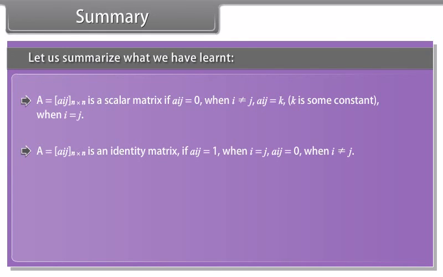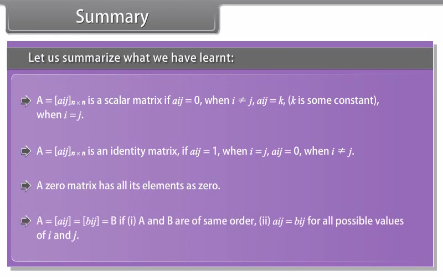A is equal to a_ij n by n is an identity matrix if a_ij is equal to 1 when i is equal to j, a_ij is equal to 0 when i is not equal to j. A zero matrix has all its elements as 0.